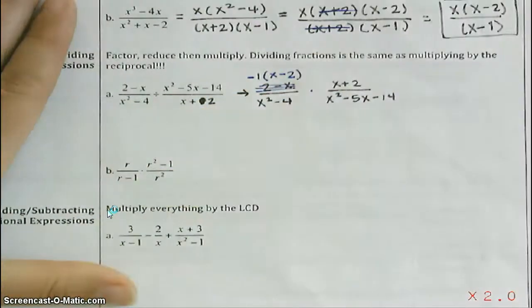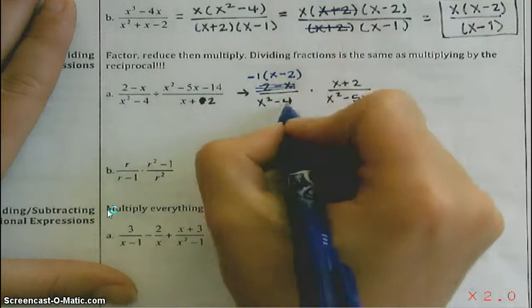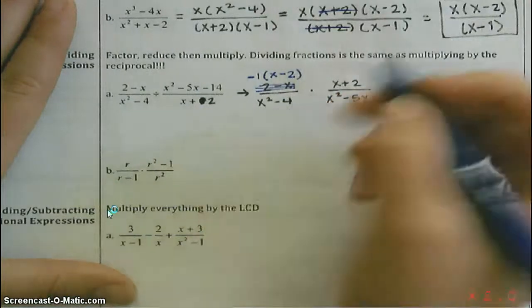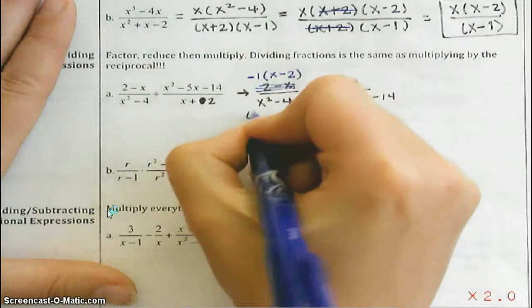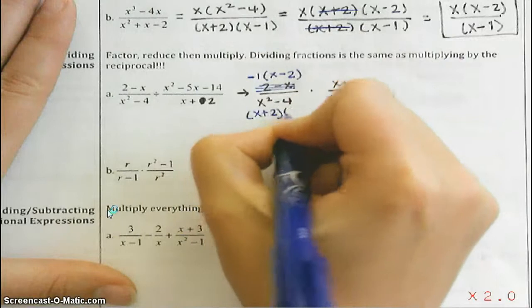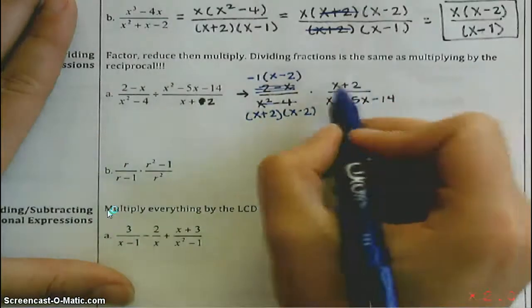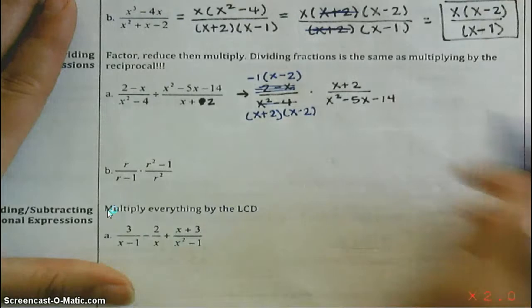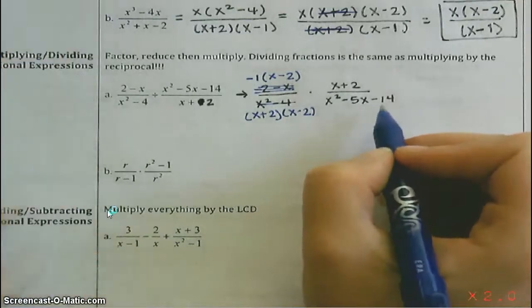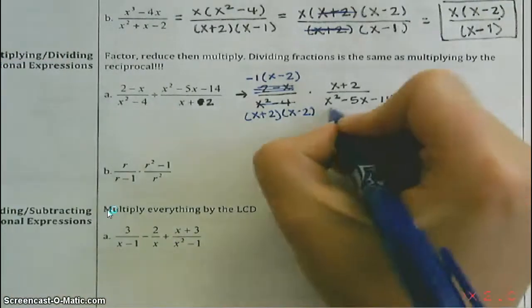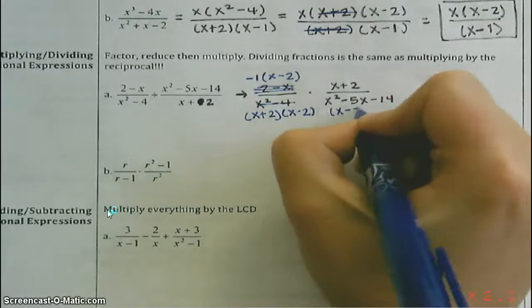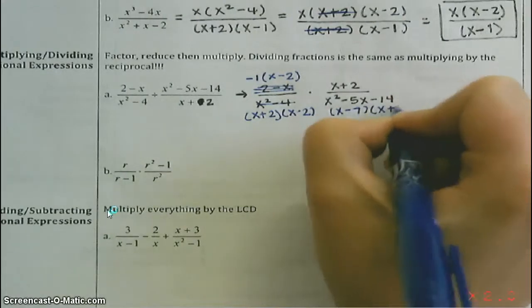There's that factored. Down here, x² minus 4, we just factored that up here. That's going to become x plus 2, x minus 2. x plus 2 we can't really factor much farther, but here the factors of 14 that add to get to -5, that's going to be x minus 7 and x plus 2.